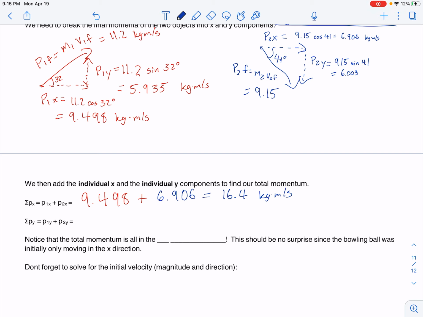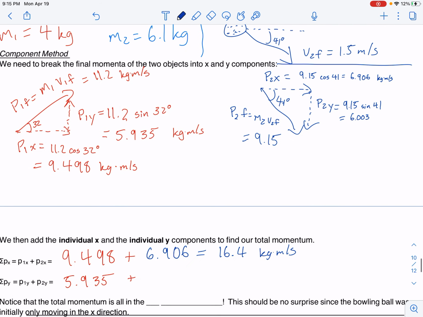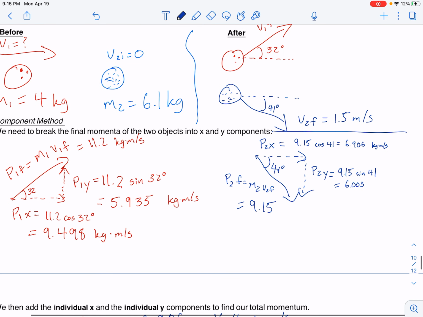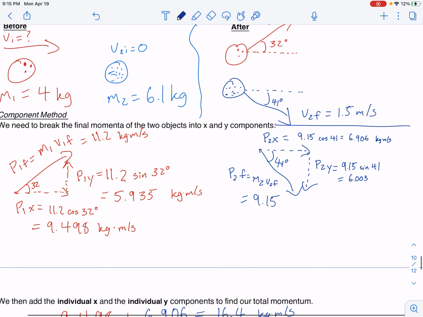Now I can do the same thing for the y. My momentum in the y direction of the bowling ball is 5.935 plus the momentum of the cantaloupe in the y direction. One thing I should have mentioned: both balls are moving to the right, so those are in the positive direction. The bowling ball is also moving up, which is positive, and the cantaloupe is moving down.